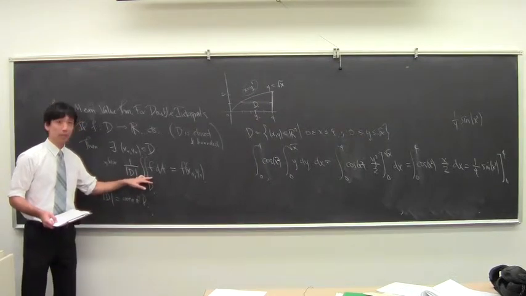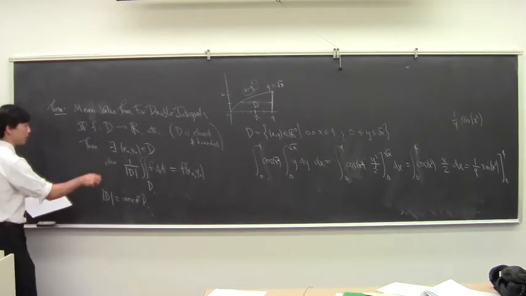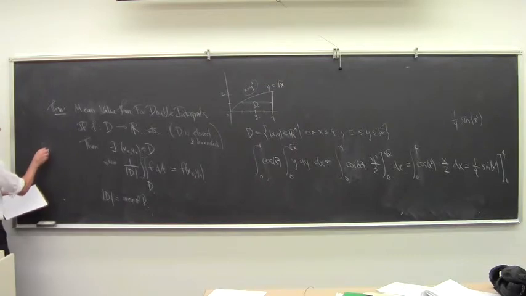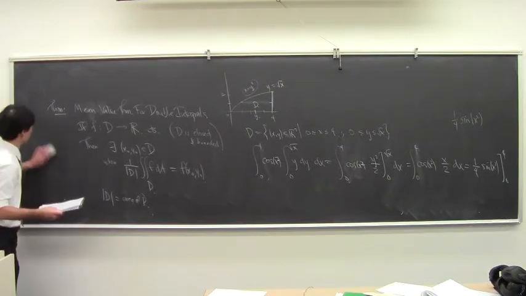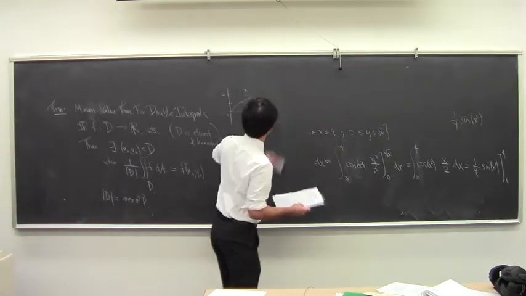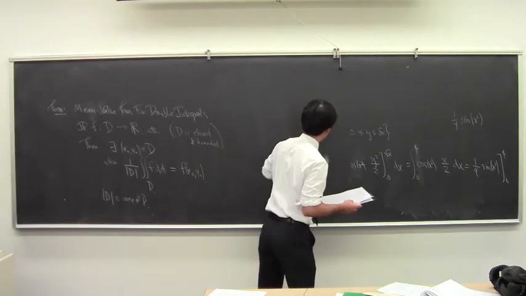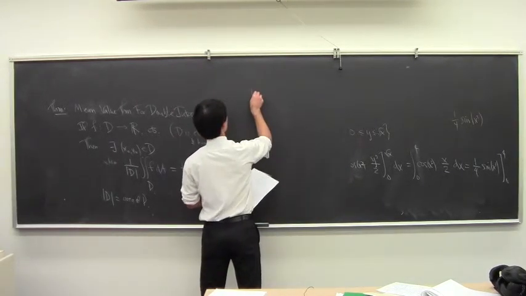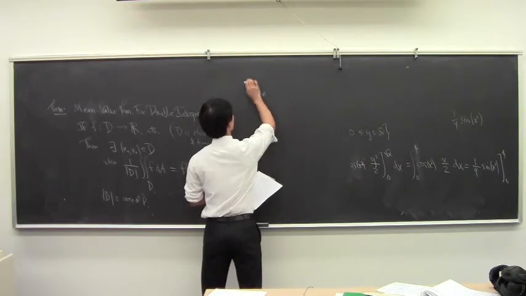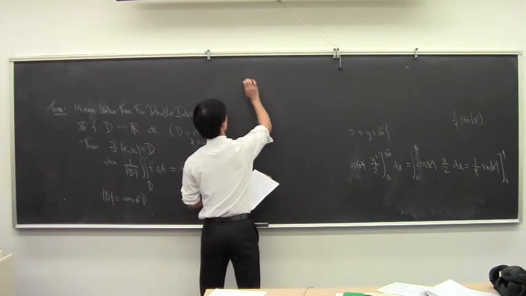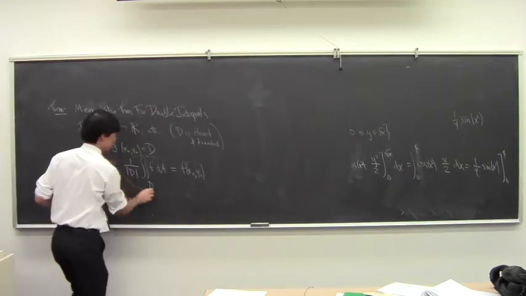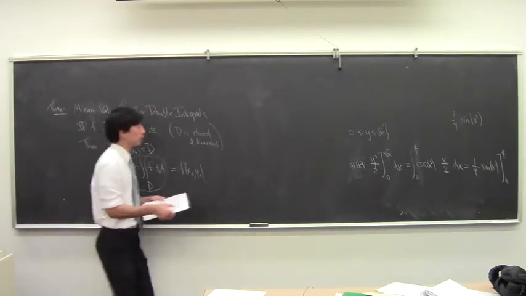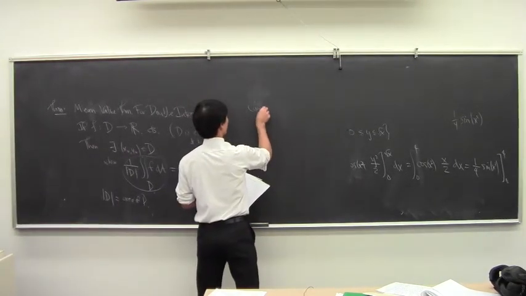Let me explain this term here. Think about if I took the integral of a function from a to b dx, and I divided by the length of that interval. Let's consider it in one variable.